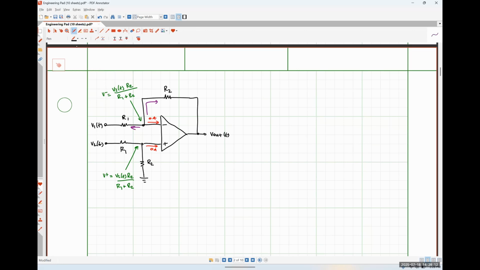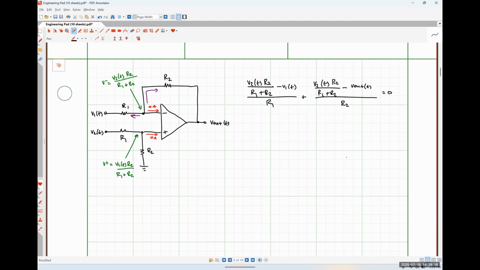And what we'll wind up getting is V2 times R2 over R1 plus R2 minus V1, divided by R1, plus V2 times R2 over R1 plus R2 minus V out, over R2, is equal to 0.